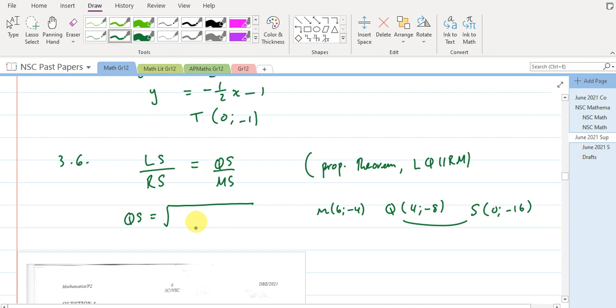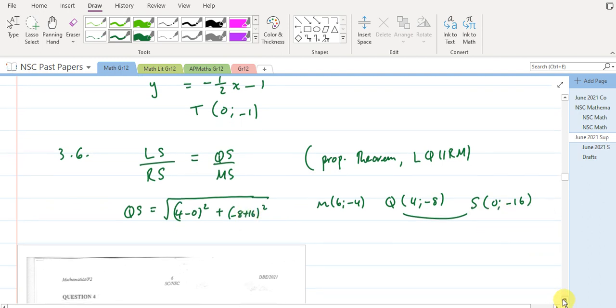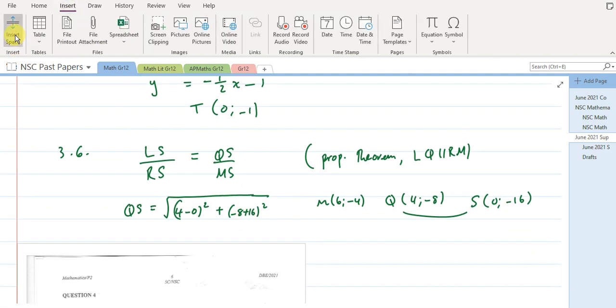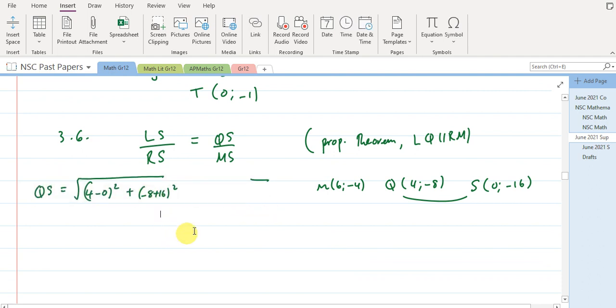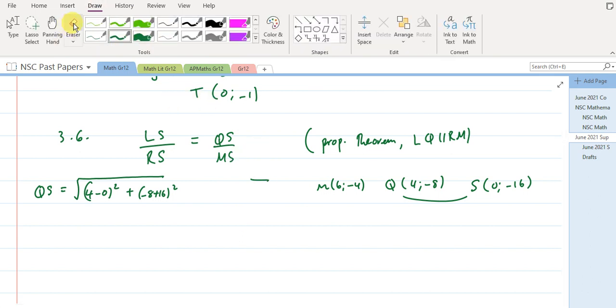So 4 minus 0 all squared plus minus 8 plus 16 all squared. Because why plus 16? Because minus 16 when you're substituting into the formula. Right, we're going to enter this on the calculator and just get the solution for that.